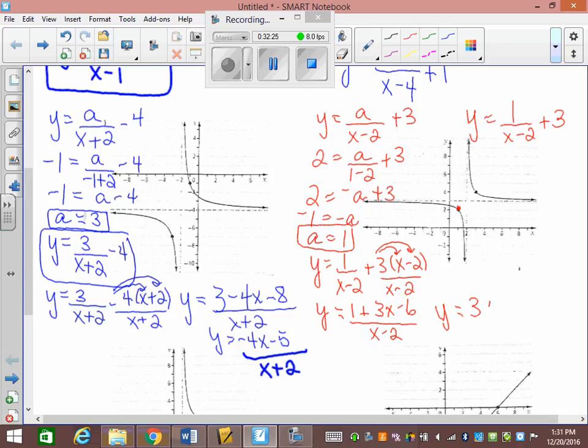So y equals 3x minus 5 over x minus 2. And you can justify whether you did your math right, because remember, this up here gets your x-intercept, correct? So if I solve this out, it's 5/3. What's 5/3? 1 point something. Does my x-intercept look like 1 point something? Yeah, that's a good shot.